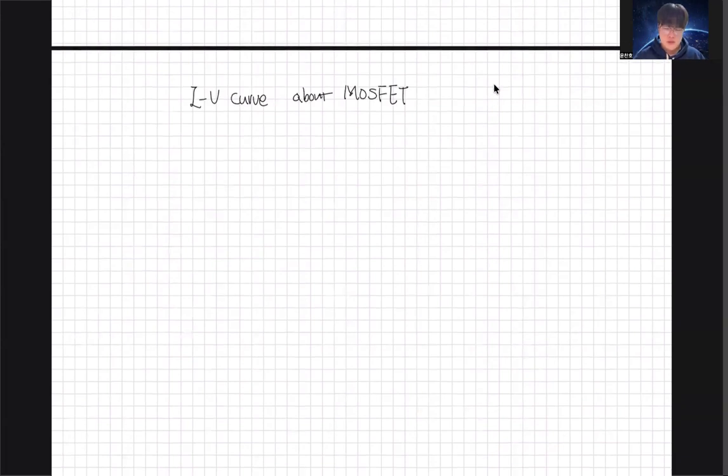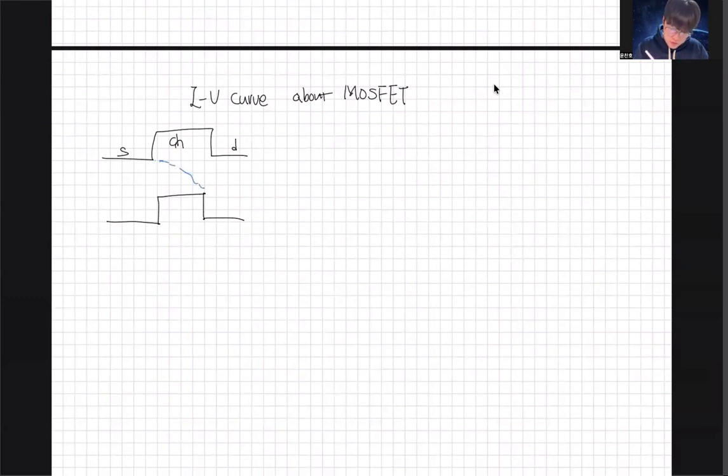First, we can draw the MOSFET diagram: source, channel, drain, like this. And when we put a positive bias on the drain, the graph will be drawn like this.